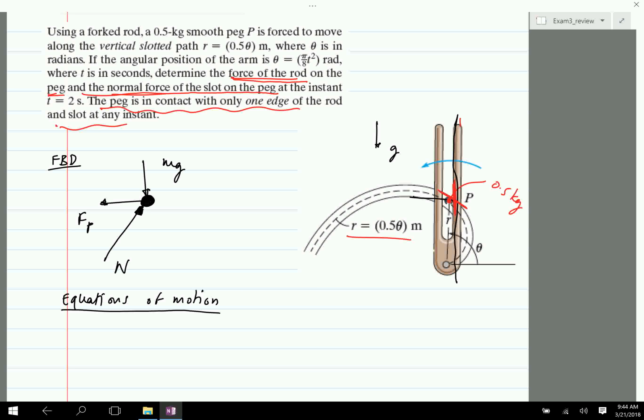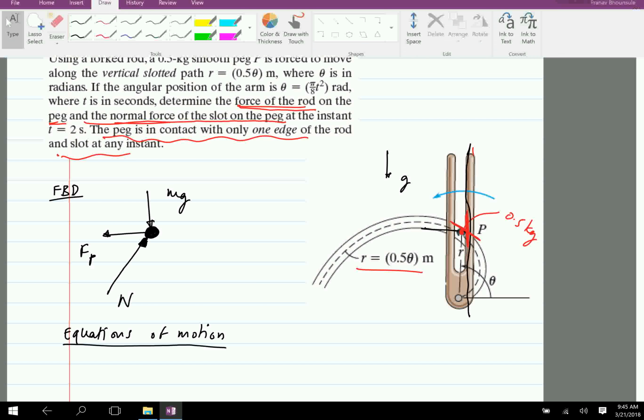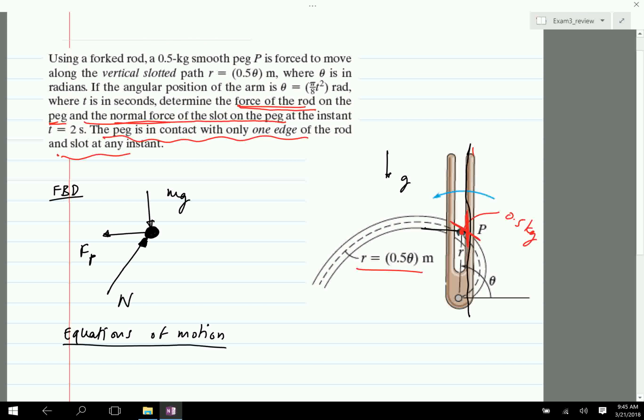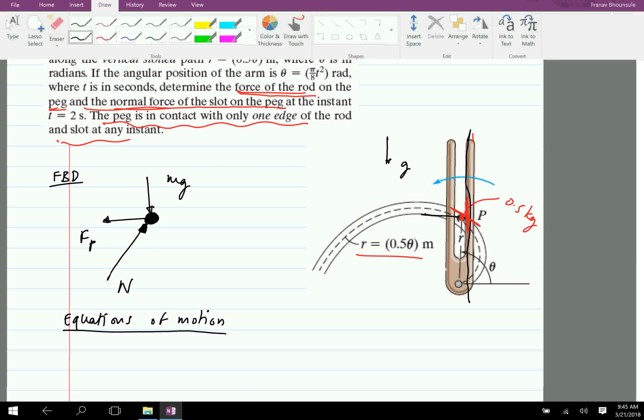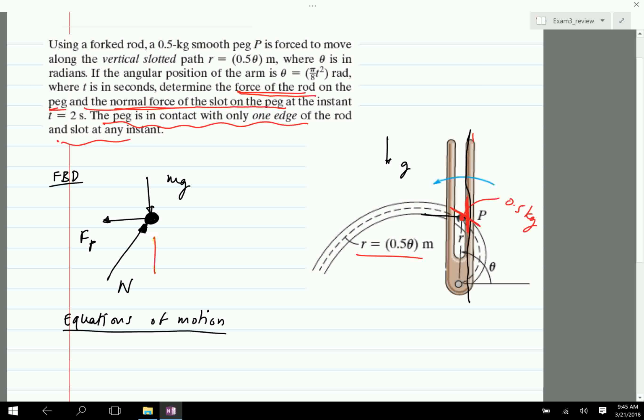We need to step back and ask ourselves, what's the coordinate frame to use for this problem? The hint is when you're given r as a function of theta, the best coordinate frame to use is r-theta. This is r as it is shown here. This is theta.